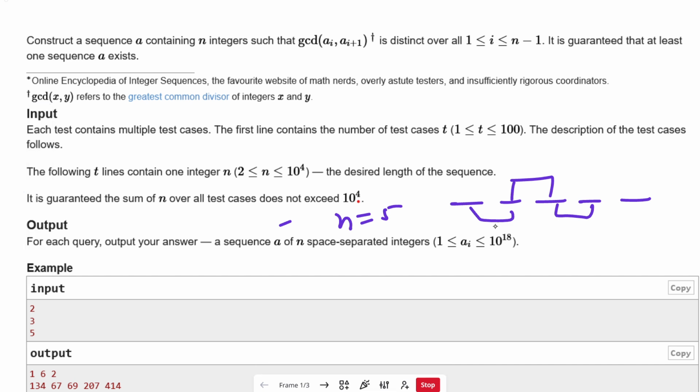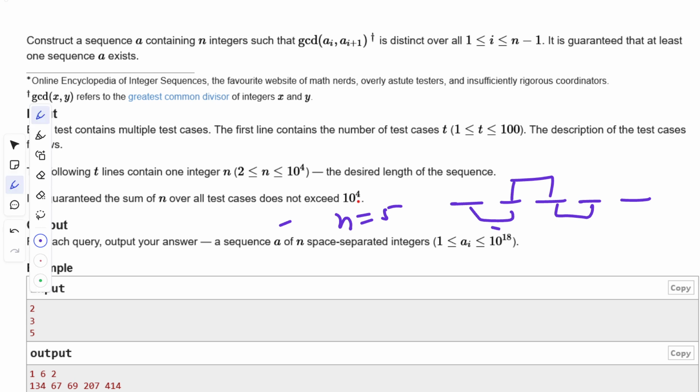If we can generate the GCDs in increasing order, like the GCD of A1 and A2 is 2, A2 and A3 is 3, A3 and A4 is 4, and so on, then the GCDs are always distinct because we are generating them in increasing fashion.